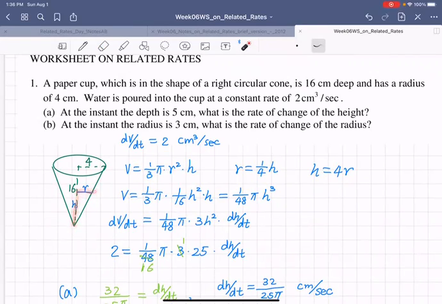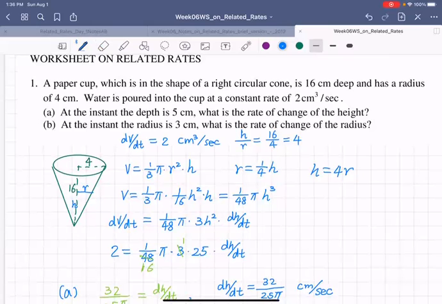H over R should equal 16 over 4. This height over this radius should equal this height over this radius, which equals 4, correct?